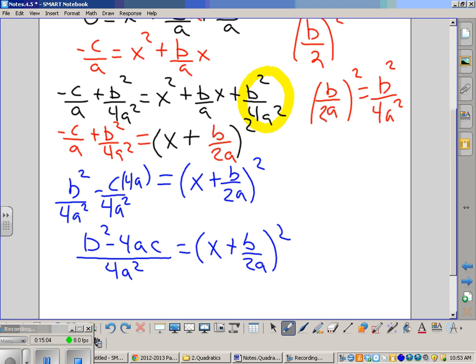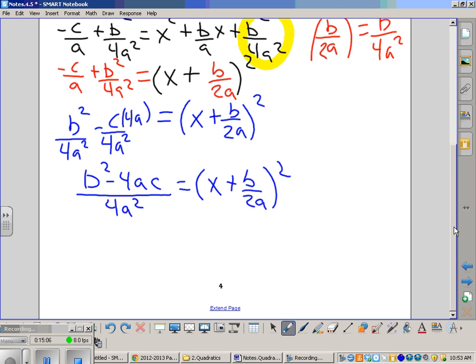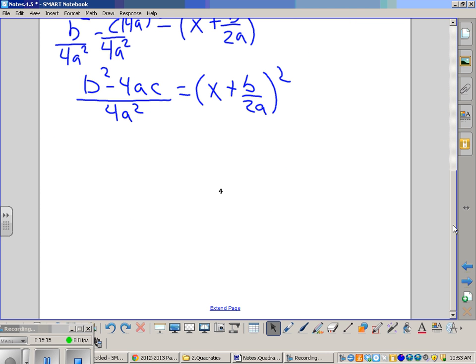Okay? So there is my equation. And now I'm just going to square root both sides like we did in the last two questions. So when I do that, almost done, guys. We have maybe 3 more lines of work. So we're going to have plus or minus the square root, there's the discriminant, and then divided by the square root of 4a squared.